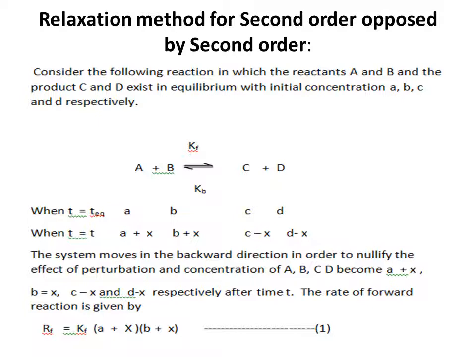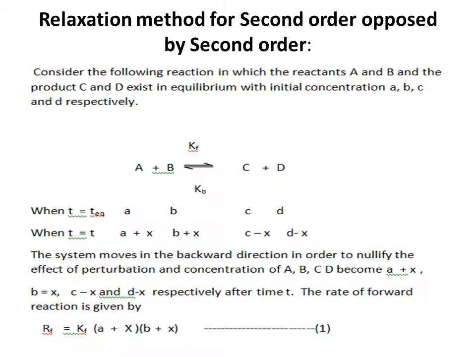Then concentration of A will be equal to A plus X, and that of B will be equal to B plus X, and the concentration of C will become C minus X, and that of D is equal to D minus X. Now the system moves in backward direction in order to nullify the effect of perturbation, and concentration of A, B, C and D become A plus X, B plus X, C minus X and D minus X respectively after time t.